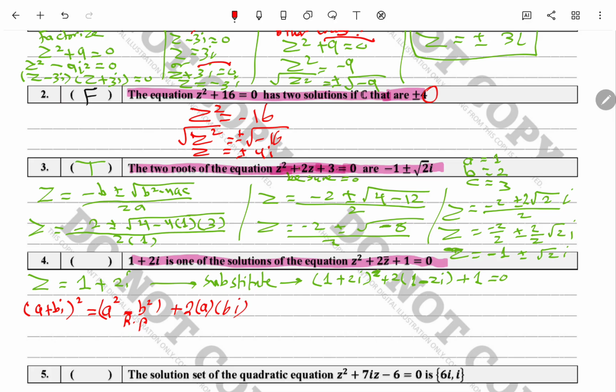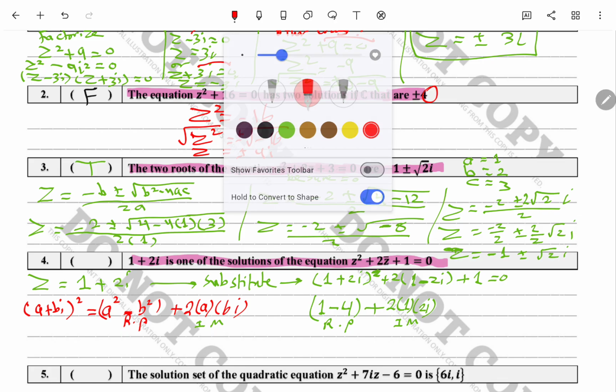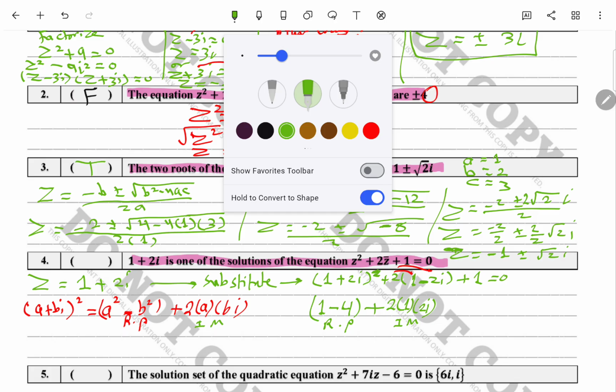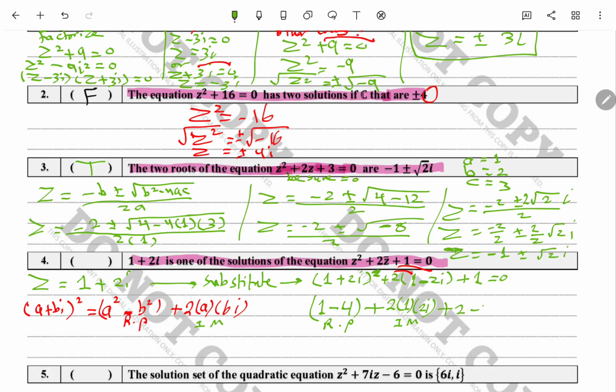So if you use it, you can get 1 squared minus 2 squared, which is 4, as a real part, plus, always between the real and the imaginary, 2 times 1 times 2i. Then you need to expand the bracket by multiplying 2 here and there. You can get plus 2 minus 4i plus 1 equals 0.